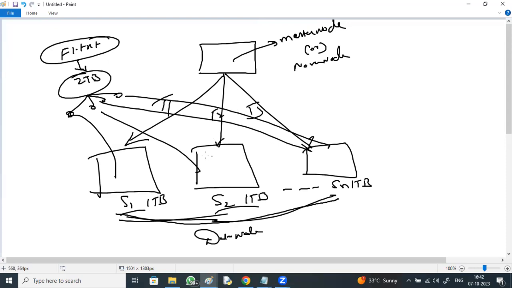And if any slave goes down, its task will be assigned to any of the other slaves. This process we call the fault tolerance mechanism.